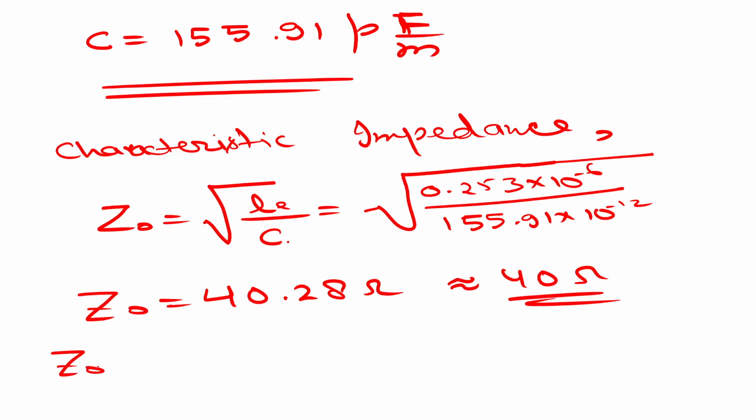So this Z0, that is the characteristic impedance of this coaxial cable, matches with the manufacturer specification.